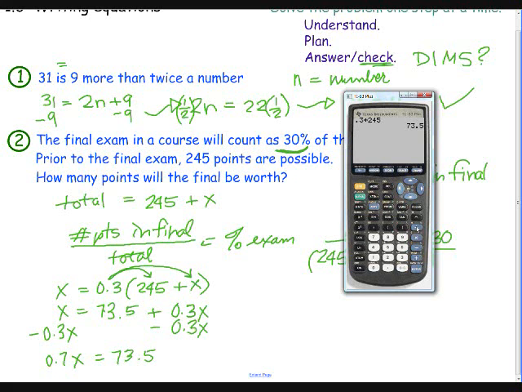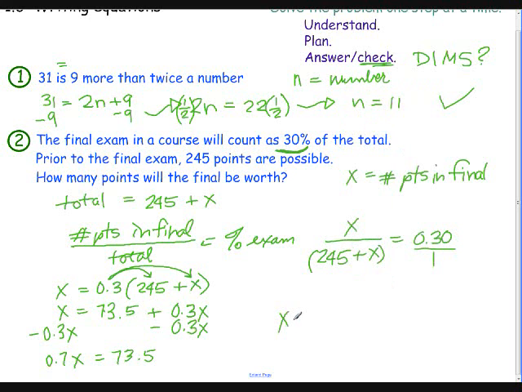We're just going to divide by 0.7. Let's see what we get for an answer. It better be an even number, because if I'm a teacher, I do not want... Right. The points, x equals 105 points.